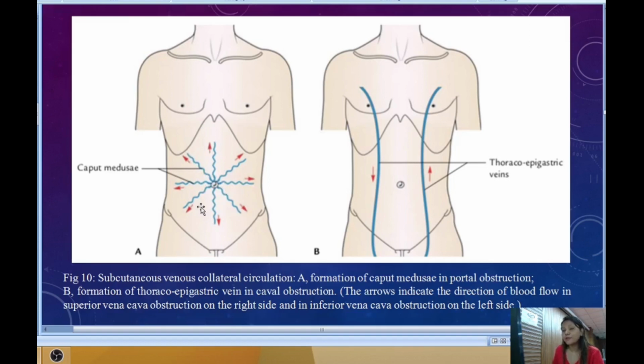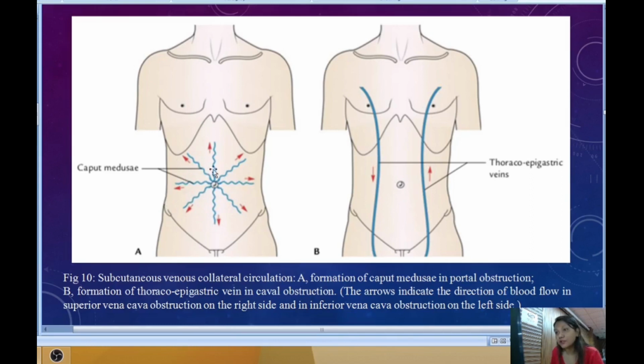Why does it occur? Because there is obstruction of venous flow in the liver, for which there is backflow, and that's why the veins will engorge and radiate from the umbilicus like this. And this is the caval obstruction. These are the thoracoepigastric veins. If you can see this engorgement of this kind of vein, this is caval obstruction. If in the abdomen you can see these radiating veins, this is caput medusae.